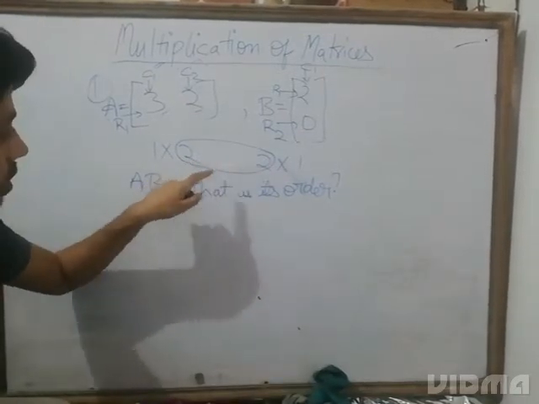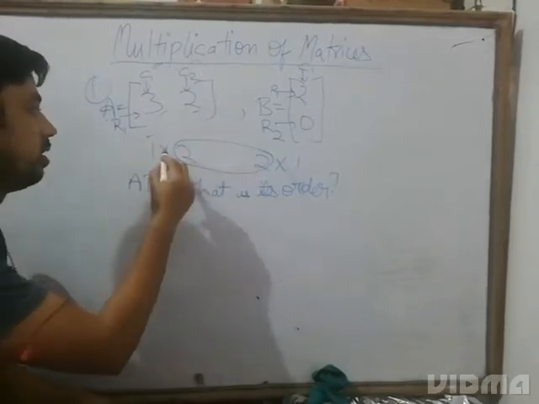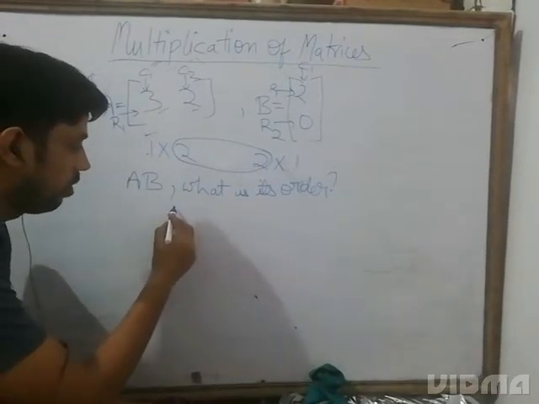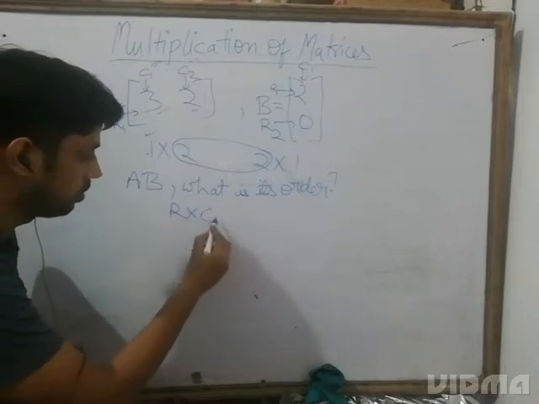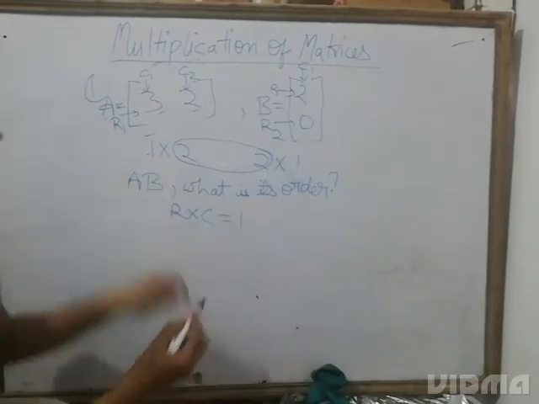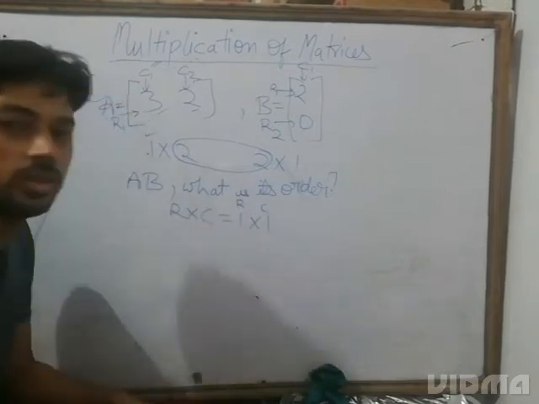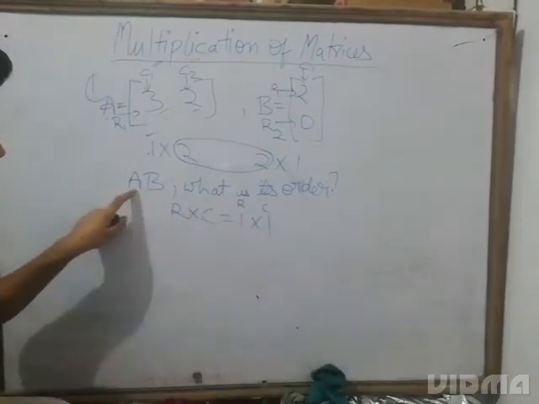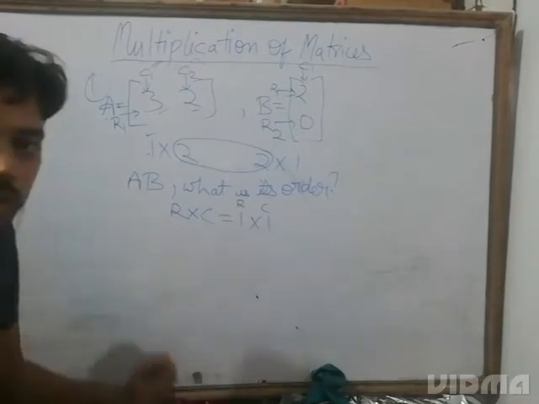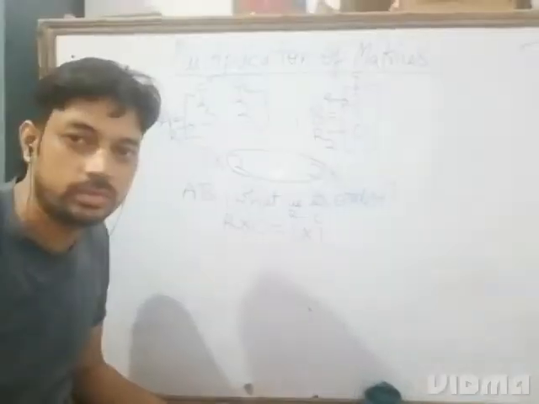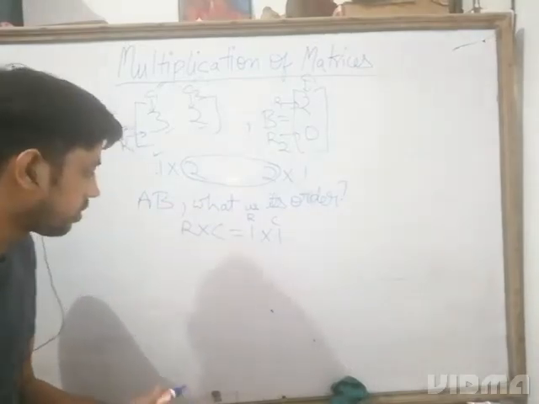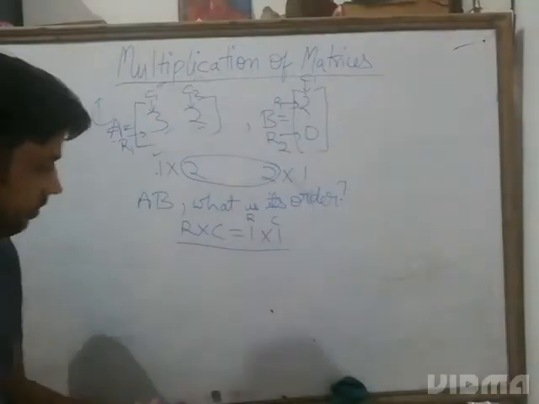The middle numbers we will remove, and we take the left one as the row and the right one as the column. This is the row and this is the column. So this is the order of the multiplication of matrices A into B.